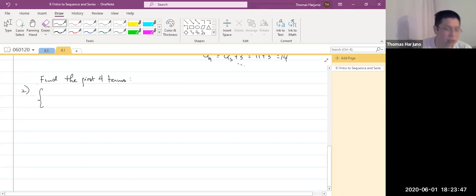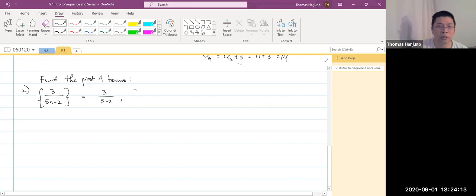The sequence is 3 over 5n minus 2. Then the first term is 3 over 5 minus 2, which is 3 over 3, which is 1.